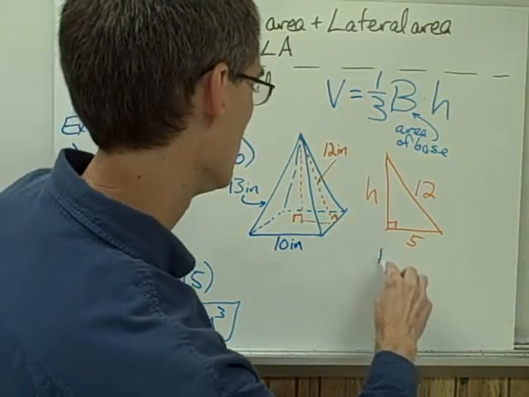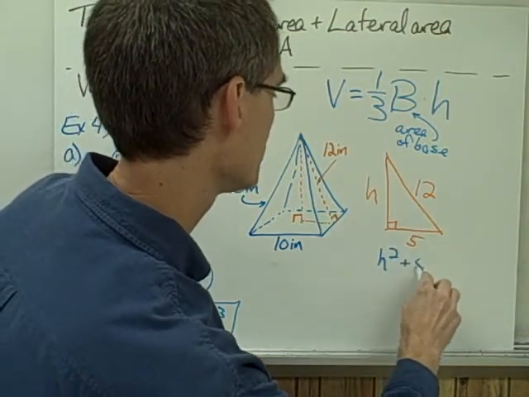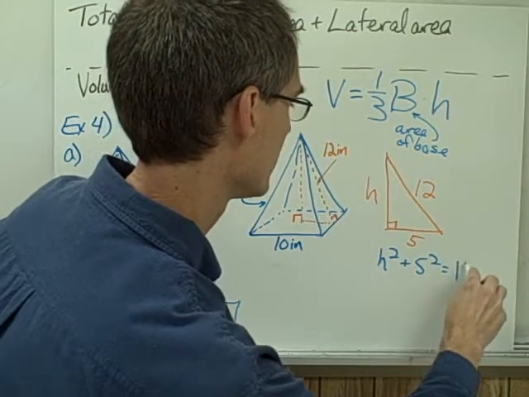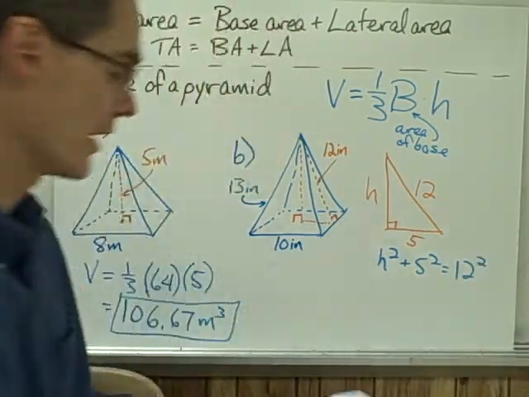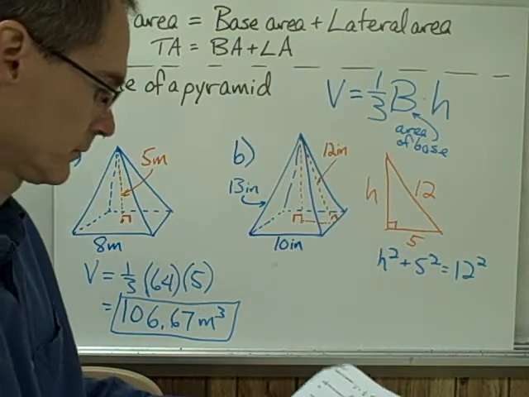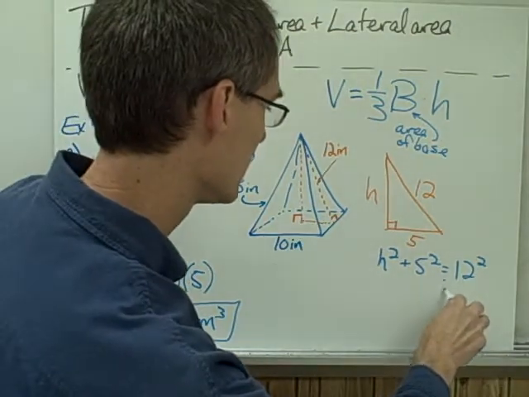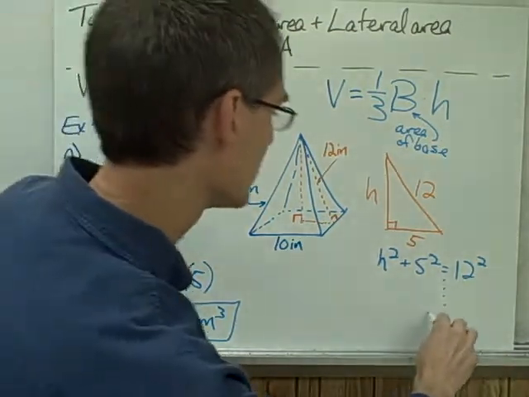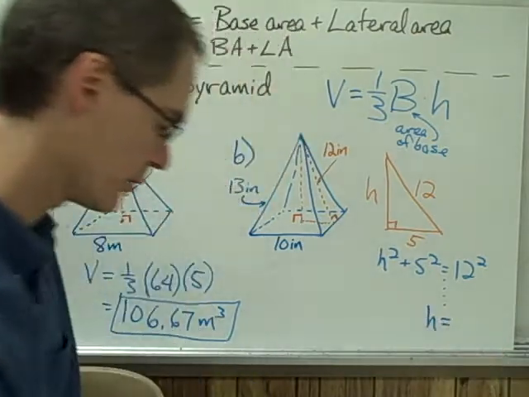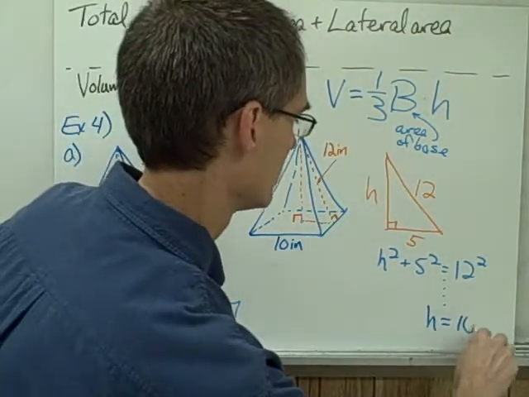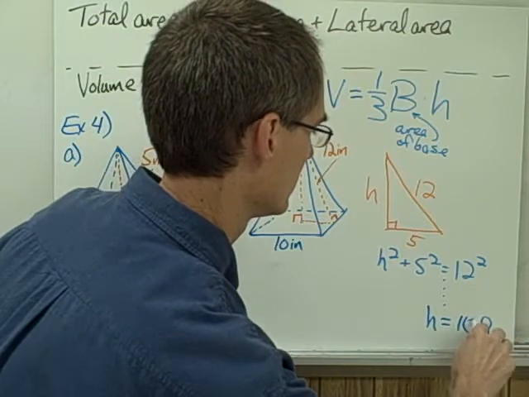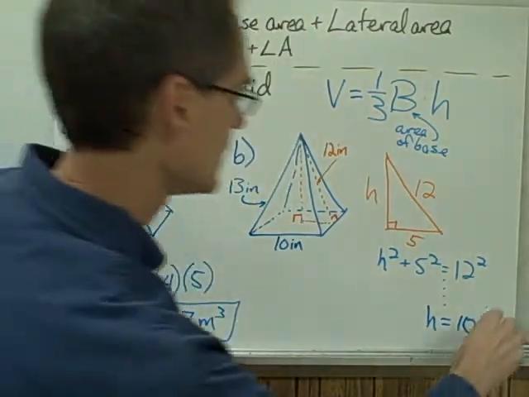So h squared plus 5 squared equals 12 squared. And now if I do the arithmetic on that, then I come down to h is equal to 10.9 inches.